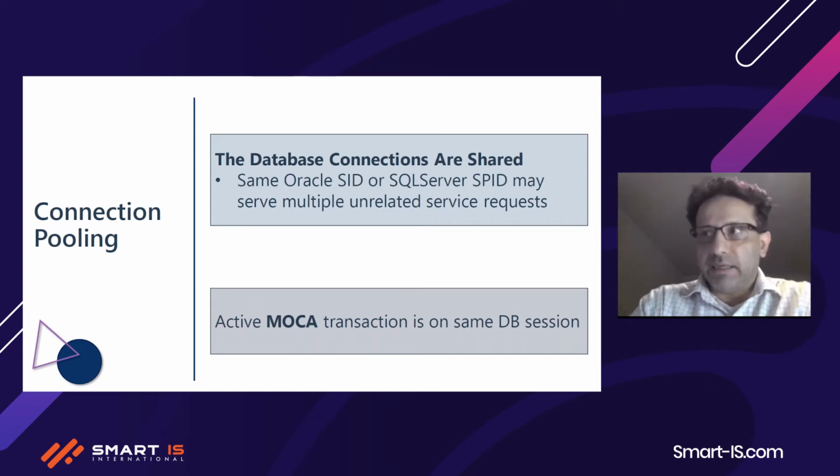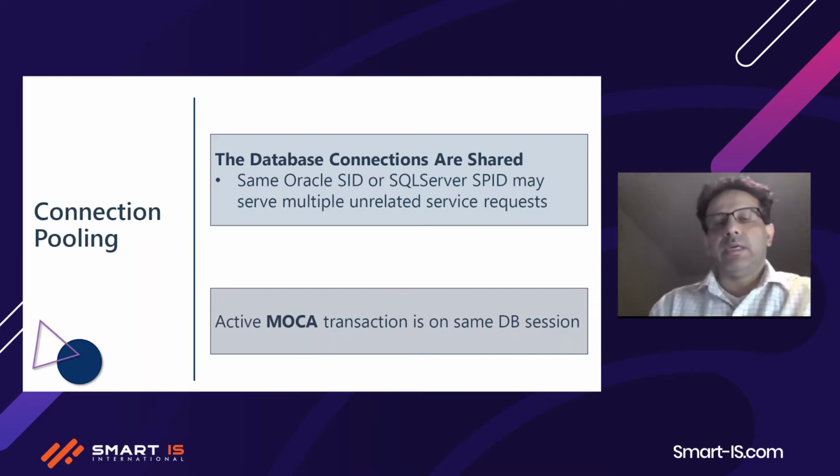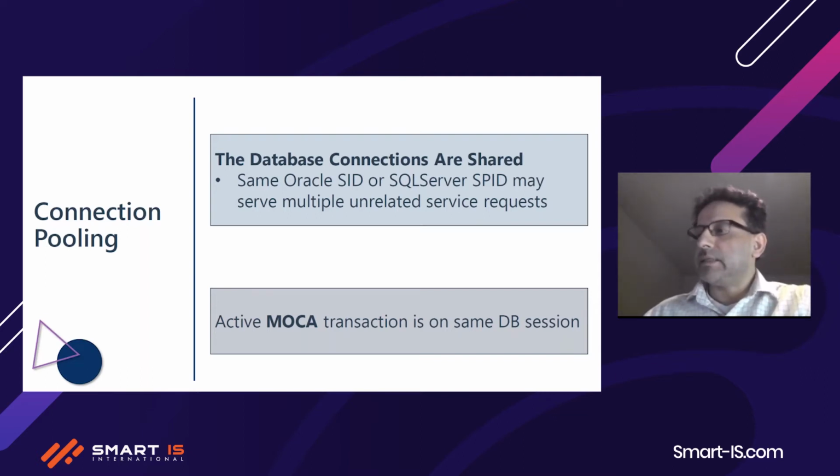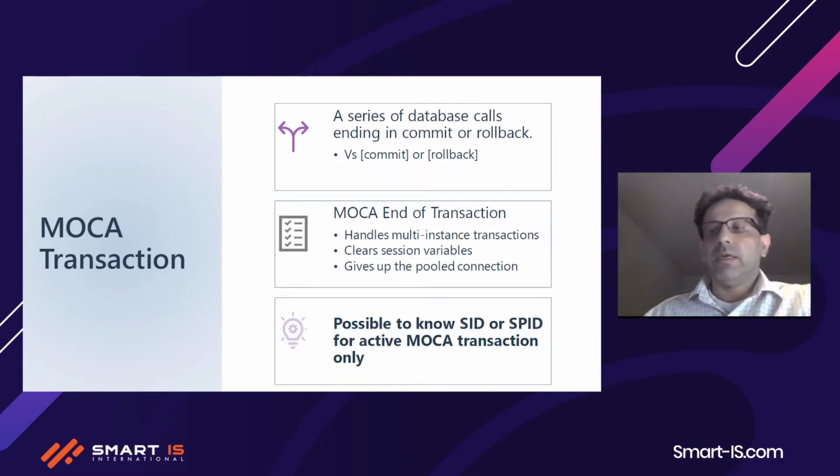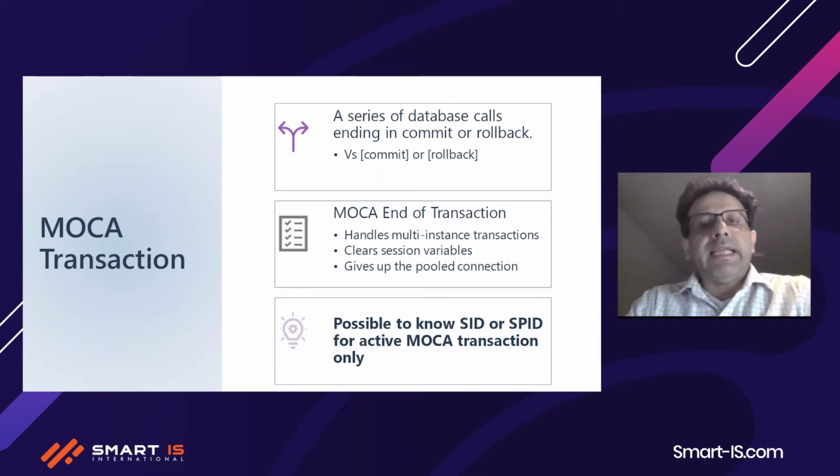But beyond that, there is no guarantee of what database session is serving what use cases. So it's again very important to have that in mind, especially if you're coming from a DBA world and you're trying to diagnose something that going at just SID or SPID would not be of much help over a long term.